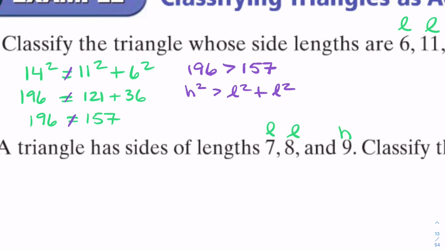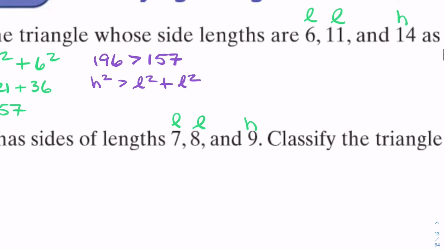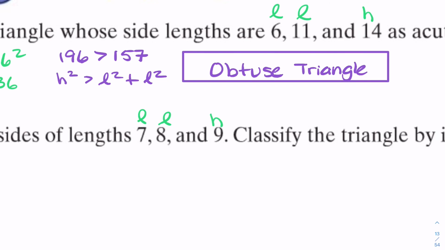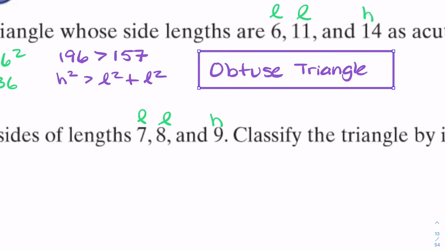So 196 does not equal 157. 196 is greater than 157. Therefore, h squared is greater than the sum of the legs squared, making this an obtuse triangle. Think about it. The hypotenuse is greater, making the angle wider. Okay, and we are done with that one.